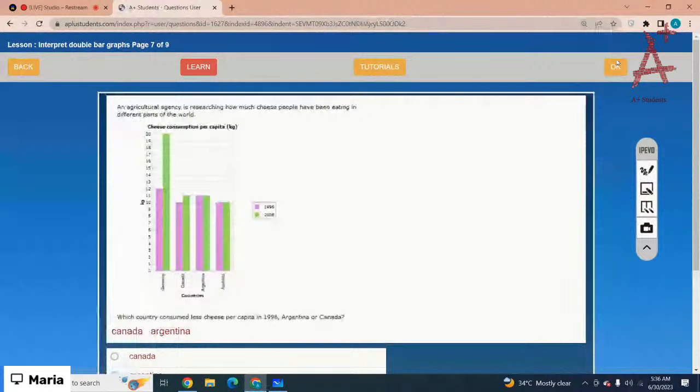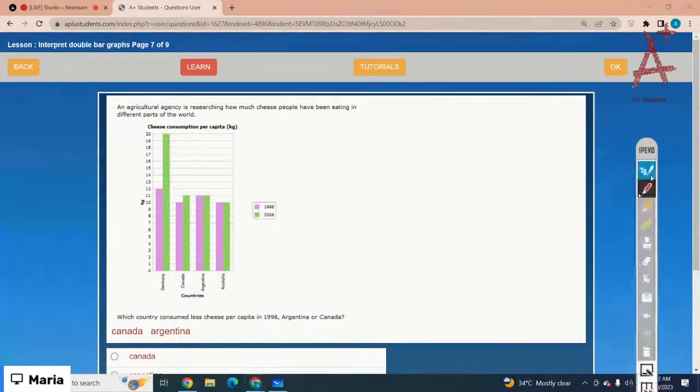Okay, an agriculture agency is researching how much cheese people have been eating in different parts of the world. So, which country consumed less cheese per capita in 1996, Argentina or Canada? Okay, 1996 is the purple one and 2006 is the green one. I have to see the purple one.